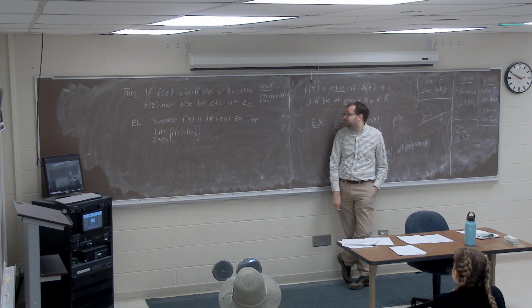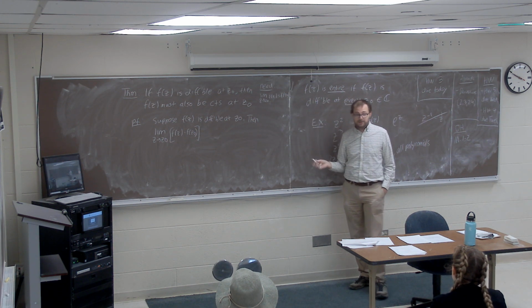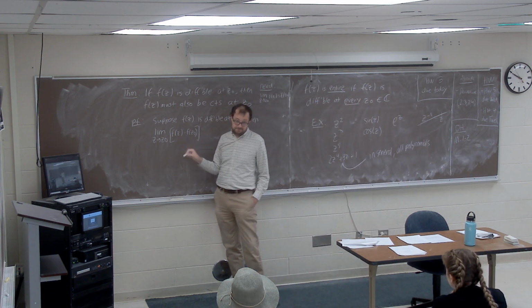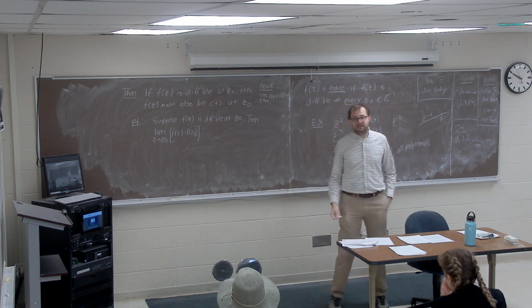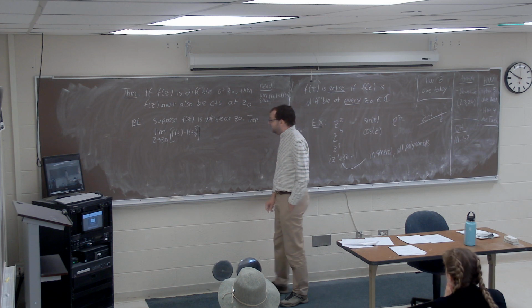Would it have to be 0? Yeah. It's what you would get if you just subtracted f of z naught from both sides of that equation. And keeping in mind, f of z naught is just a constant. It's assuming z naught is some fixed constant. It's f of z that's going to be changing. So I'm going to look at this limit.